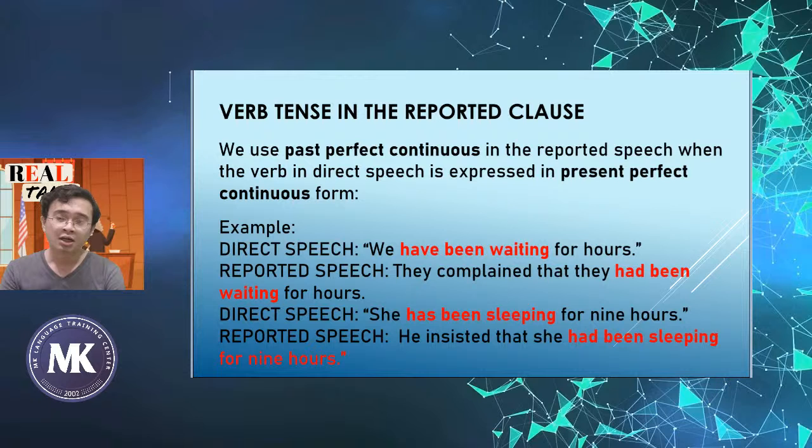Another example, "She has been sleeping for 9 hours." We have here has. If you want to do reported speech, we can say, "He insisted that she had been sleeping for 9 hours." So this one changed the form from present perfect continuous to past perfect continuous in reported speech.